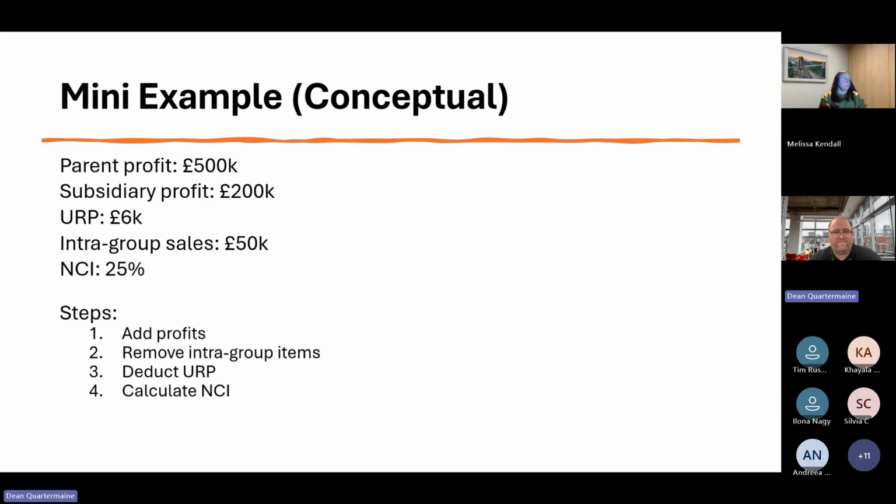And then calculate what the non-controlling interest is. So that ultimately there is the group profit. And we're going to calculate the non-controlling interest. Can you work out the non-controlling interest of the sub as a balancing figure? Yes, absolutely can.